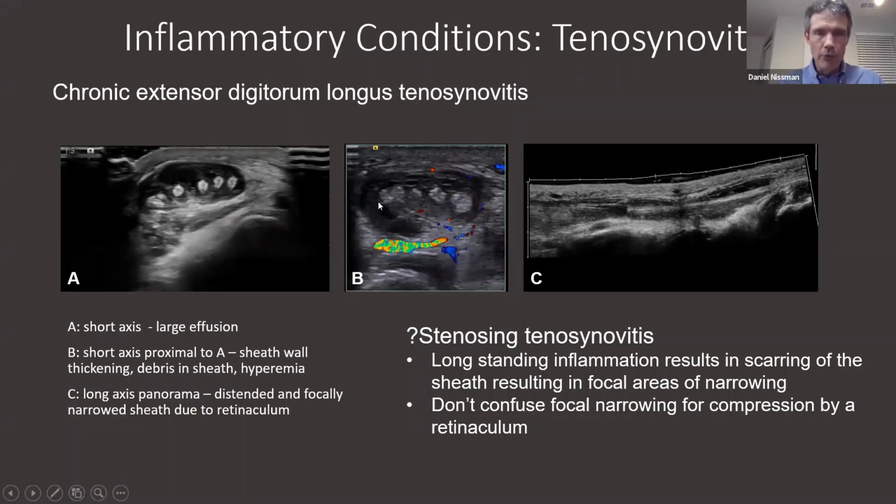There is some, not a lot of enhancement or hyperemia here. And then here's a long axis view showing this area of narrowing. So there's an entity called stenosing tenosynovitis that can cause scarring of the sheath. But in this case, that is due to a retinaculum and not due to stenosis.